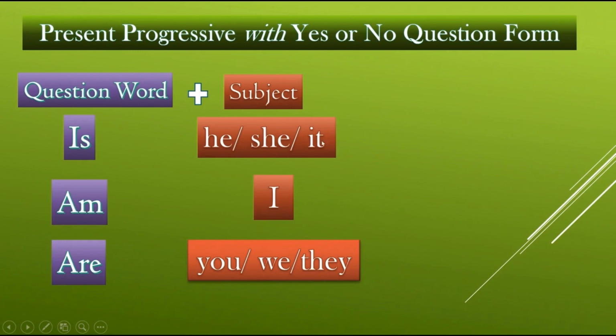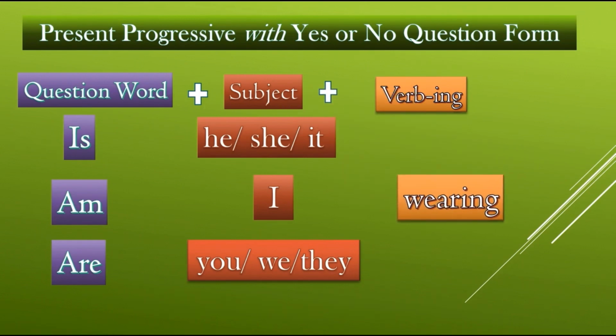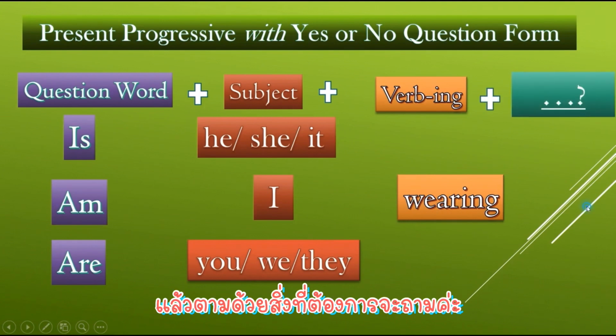So he, she, it are singular subjects; you, we, they are plural subjects. Next, after the subject, we have the verb with ing, or the present participle. Here the example is wearing. Wear plus ing becomes wearing. And then the rest of the sentence.